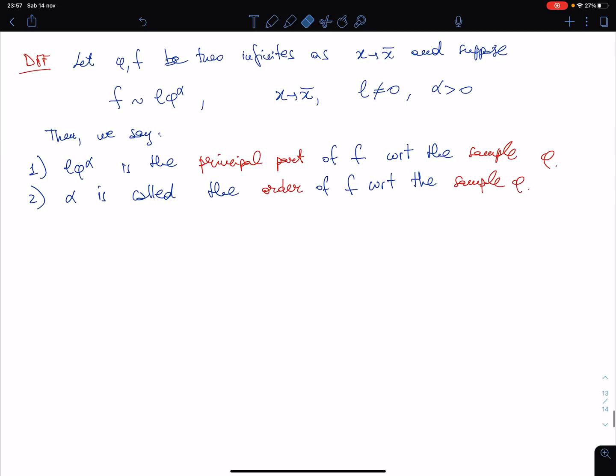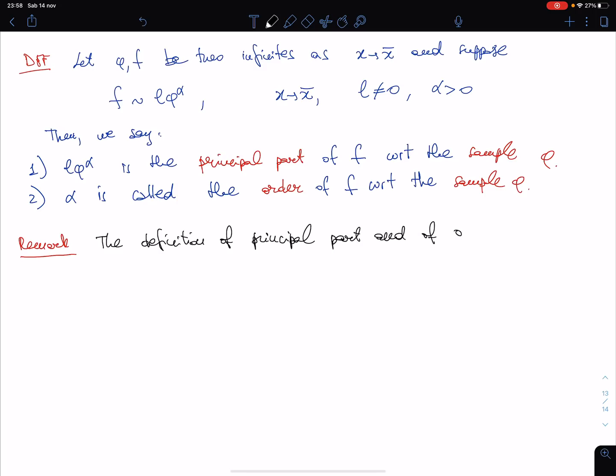And of course, as a remark, we have that the definition of principal part and of order is completely identical to the analogous definition for infinitesimals.